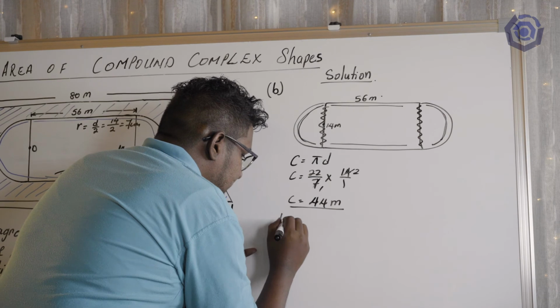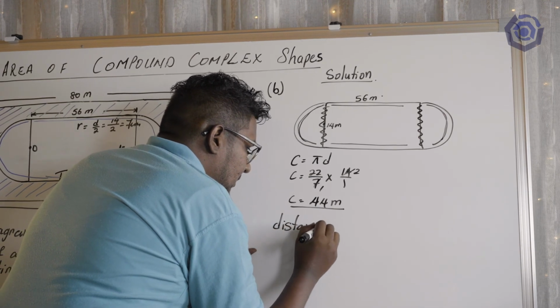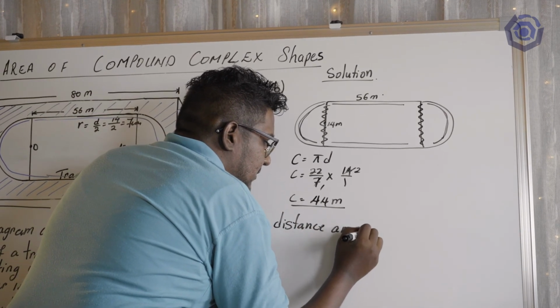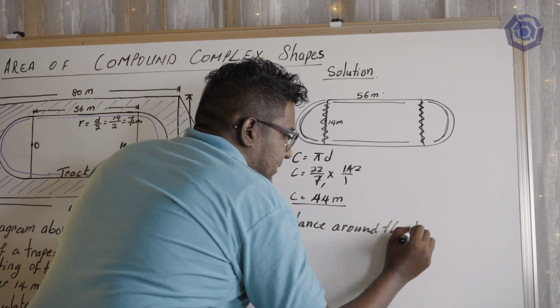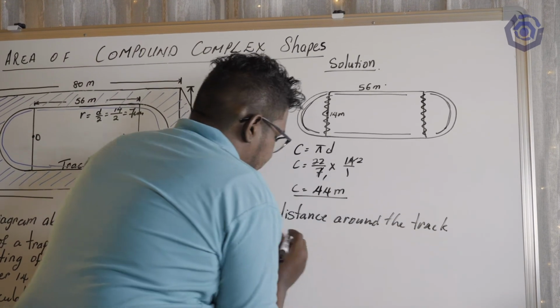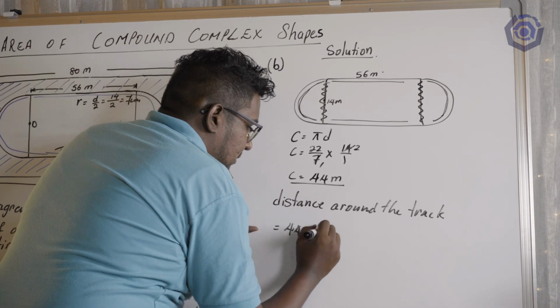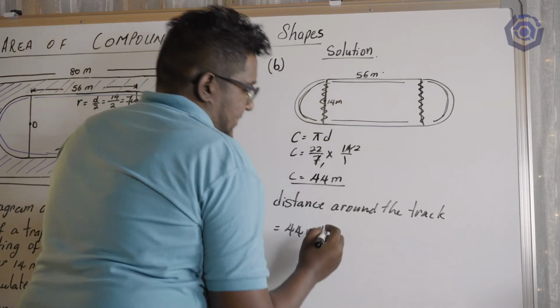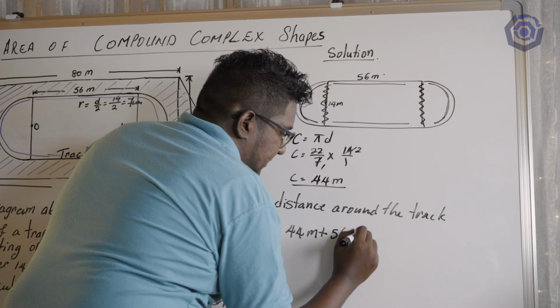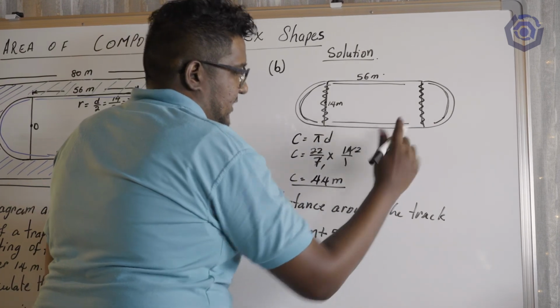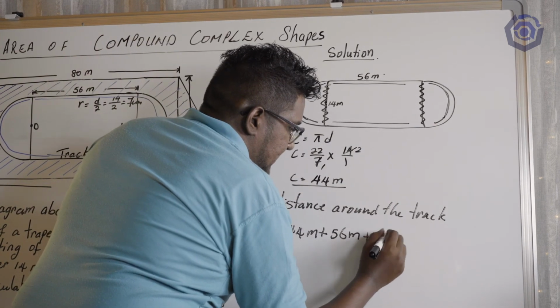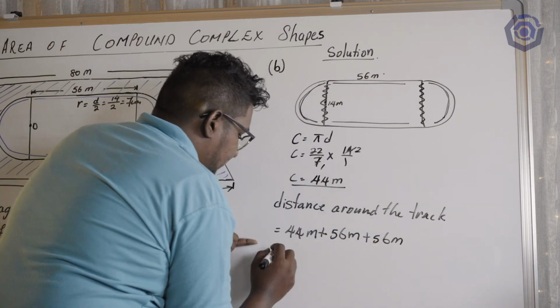So the distance around the track would be 44 meters plus here, which is 56 meters, plus here, which is 56 meters.